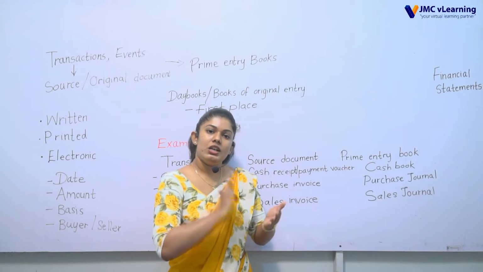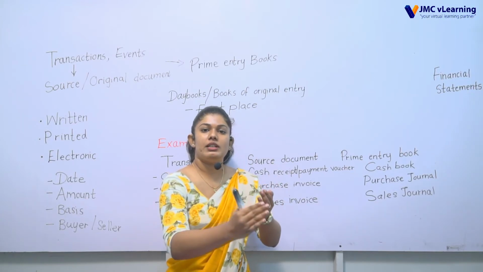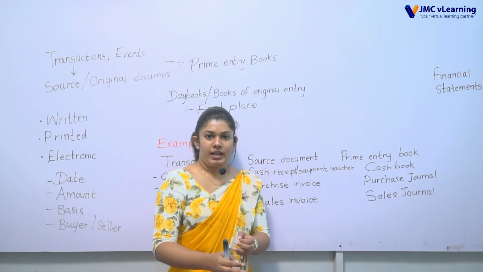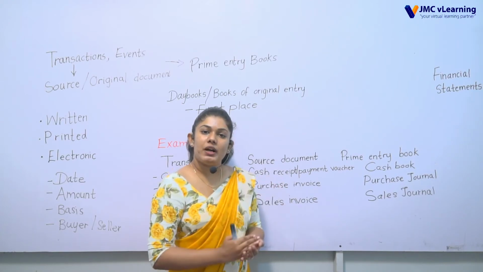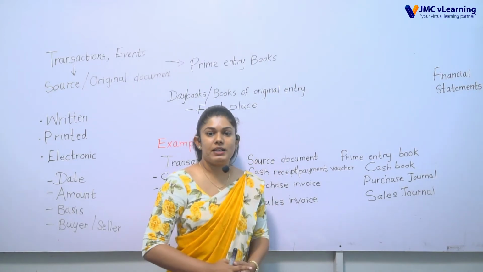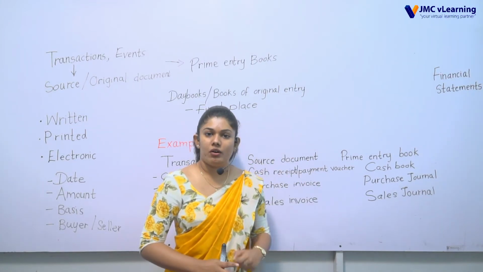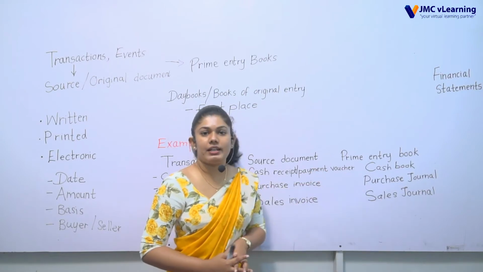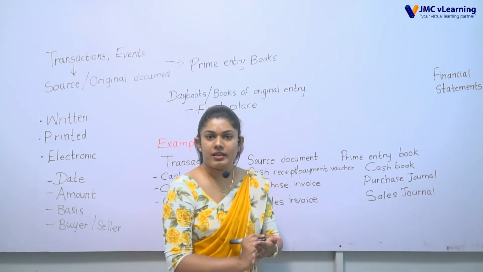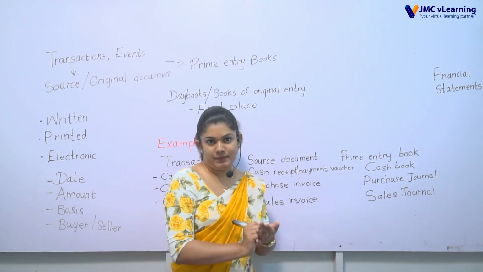On this date we paid this much to this person or we settled this expense. And we received this much cash on that date from this particular person, a debtor, a bank loan, like that. So it's like a diary. We record what happened on this date and how much it is.